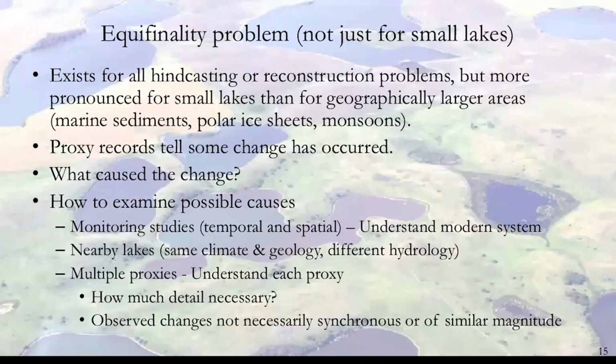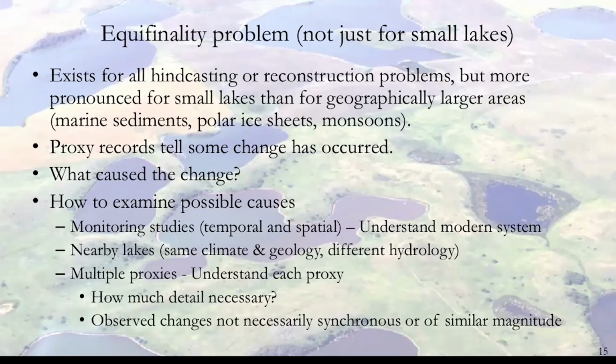Okay, going back to the equifinality problem, which is not just for small lakes, but I think it's particularly dire for small lakes. So in reconstruction, there's no hindcasting because nobody was there when changes were taking place. We're looking at finished experiments and trying to figure out, okay, what happened?